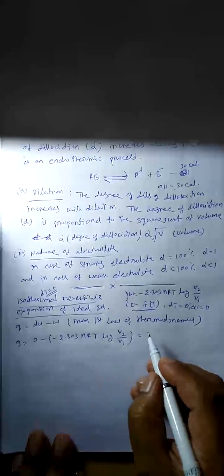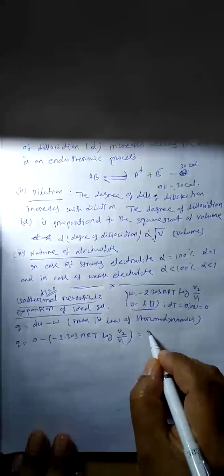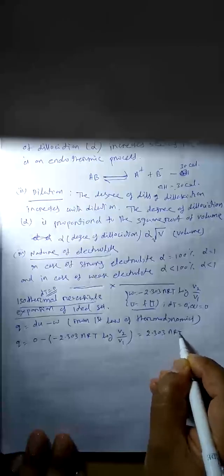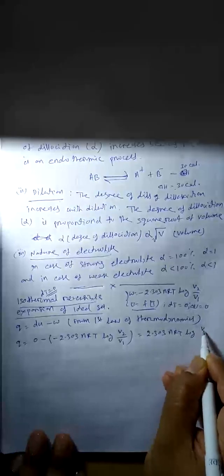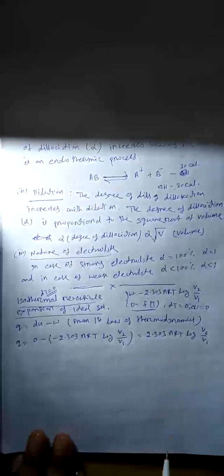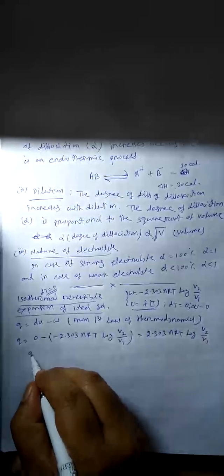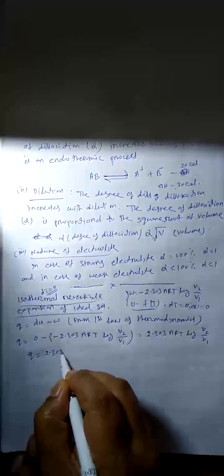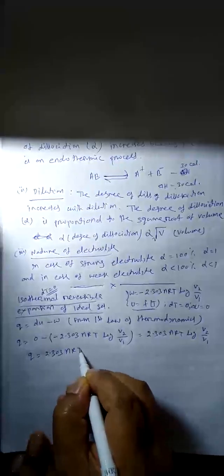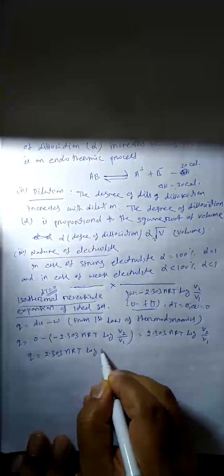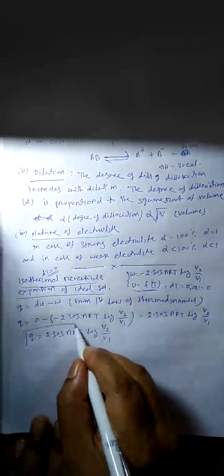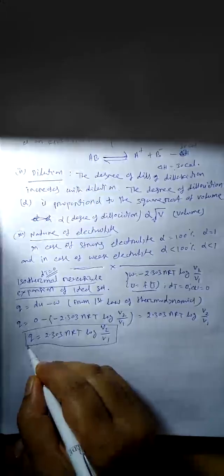So 0 plus something is equal to the same, 2.303 nRT log V2 by V1, and this is nothing but heat. Q is equal to 2.303 nRT log V2 by V1. This is the expression for heat.